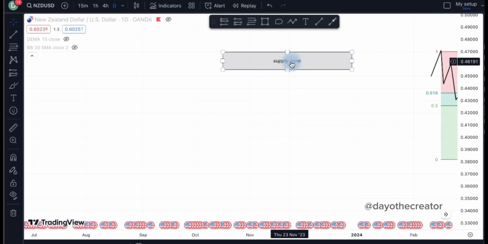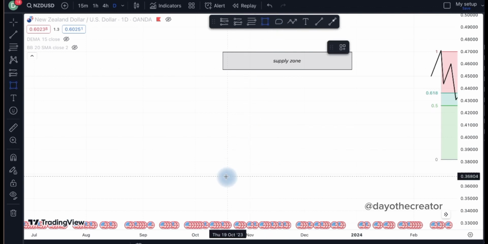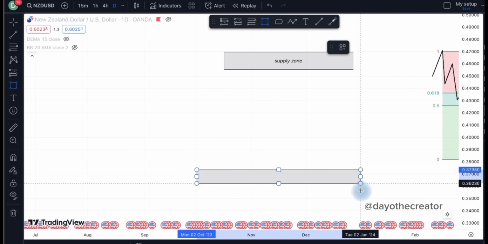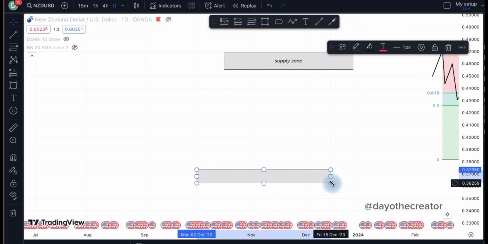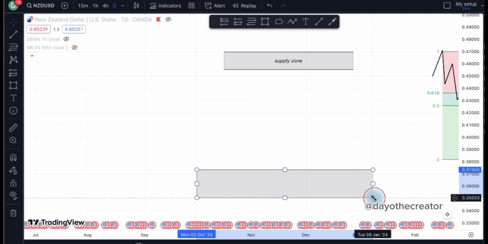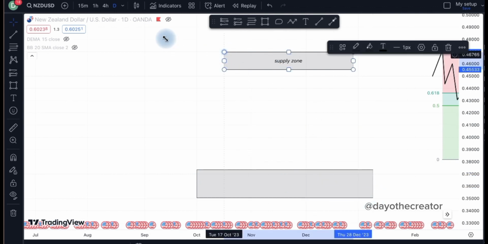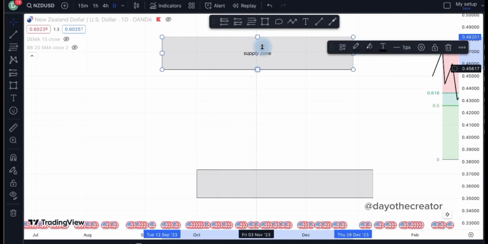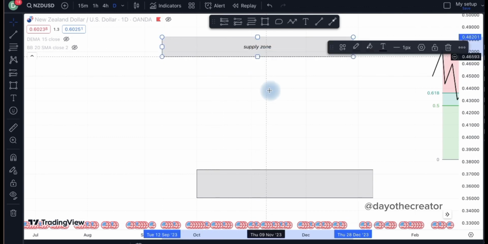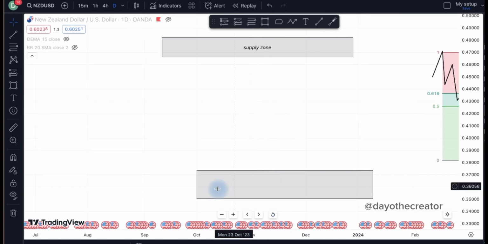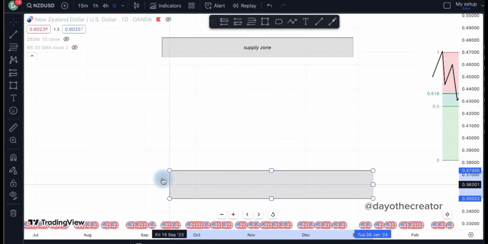So when you see supply, just think about sell, and when you see demand, just think about buy, in simple terms. I don't want us to get confused. That's why I am trying my best to break it down as much as possible. I'm trying to see how I can color the zone, because I don't want you guys to be too obsessed with the green and red.